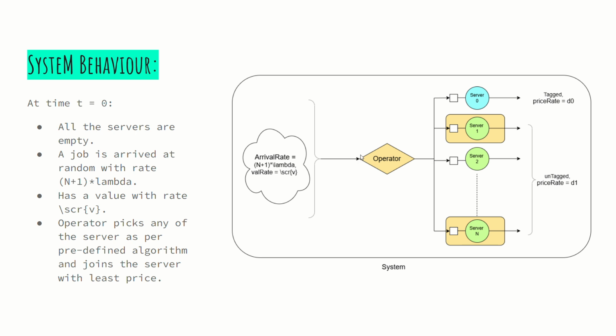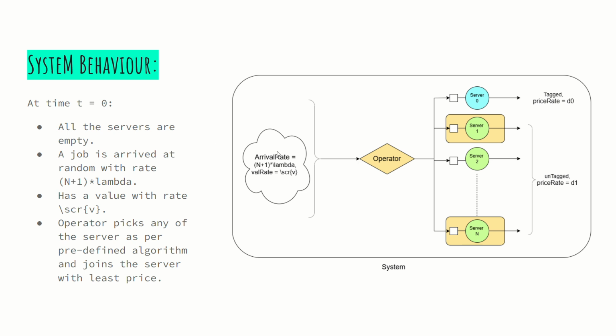If the price of only one server is less than the value of the given job, the system assigns the job to that server if it's idle. If neither is satisfied, the arrived job is dropped, not accepted.